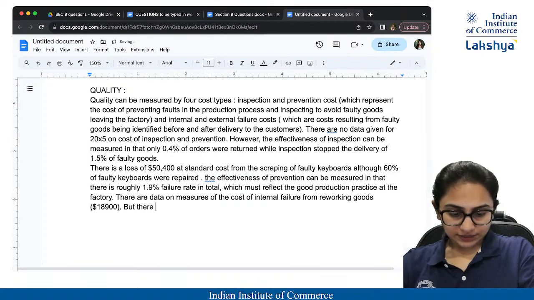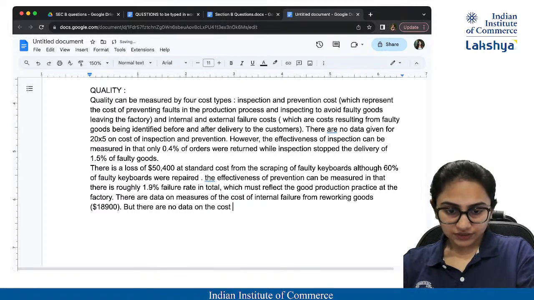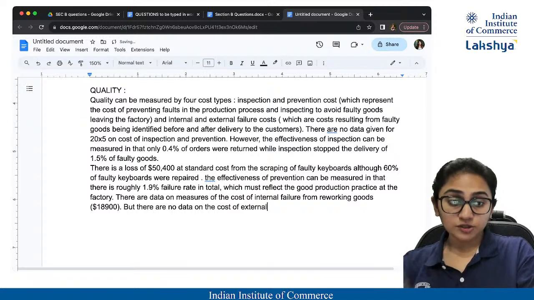But there are no data on the cost of external failures of 0.4%. How much did that cost?